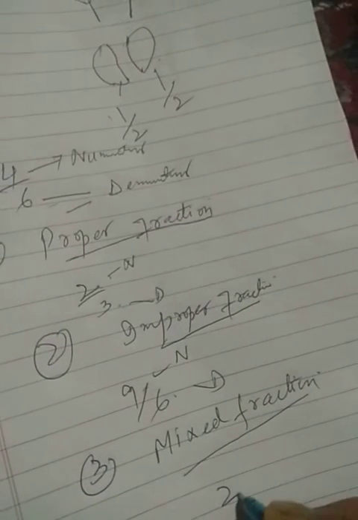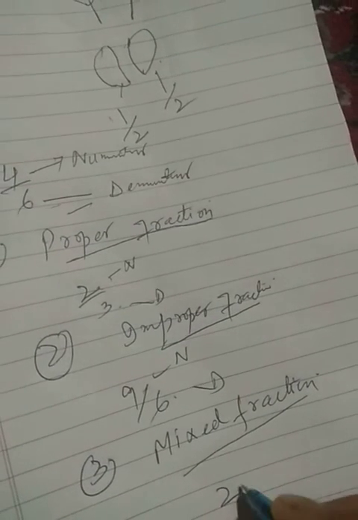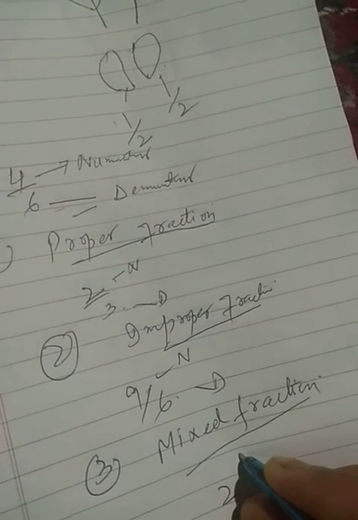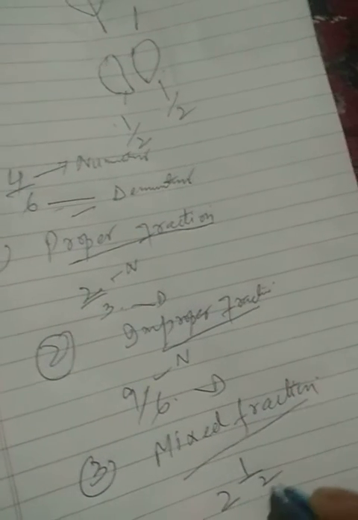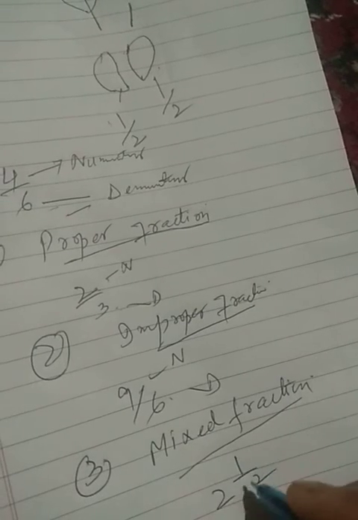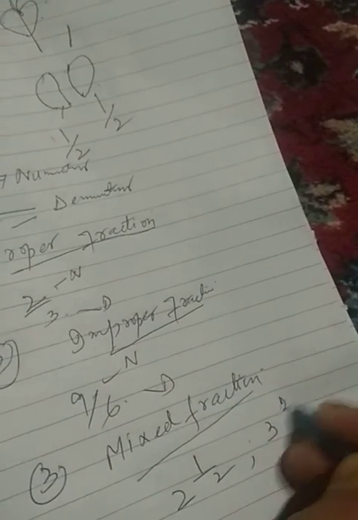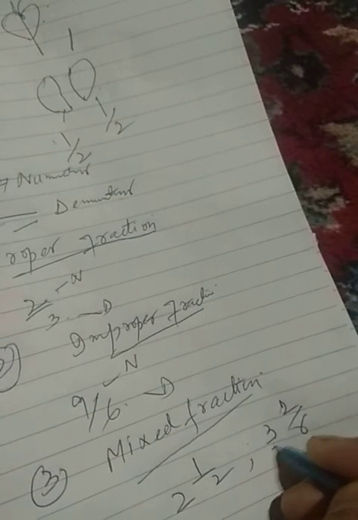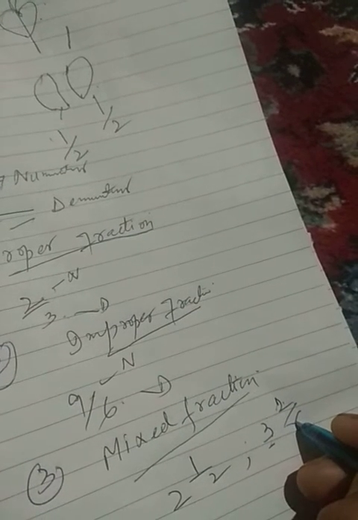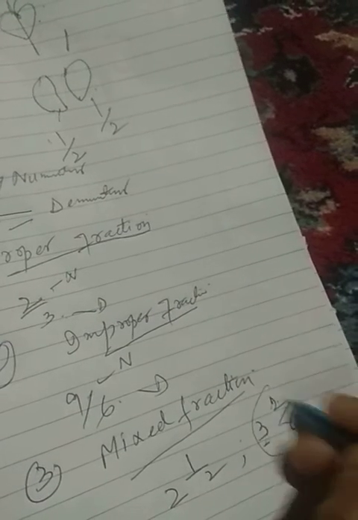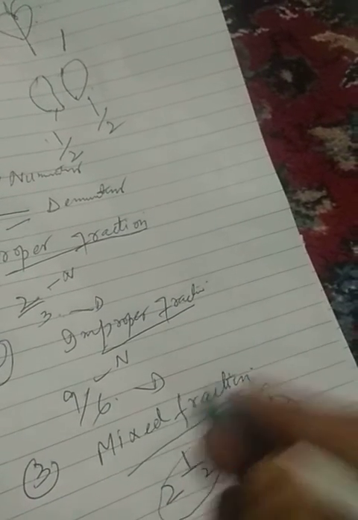Look at the example. This is a whole number and it is included with the proper fraction like this, 1 by 2. So this kind of fraction is called a mixed fraction. Another example, 3 and 2 by 6. 3 is the whole and this is the proper fraction, and this kind of fraction is called a mixed fraction.